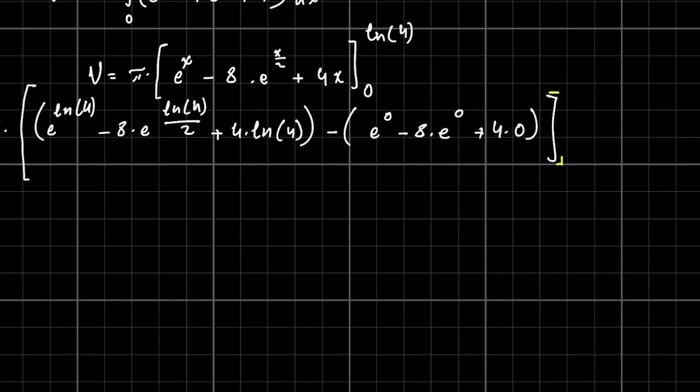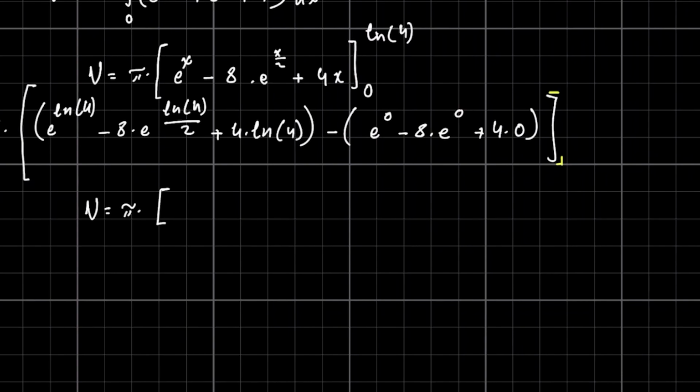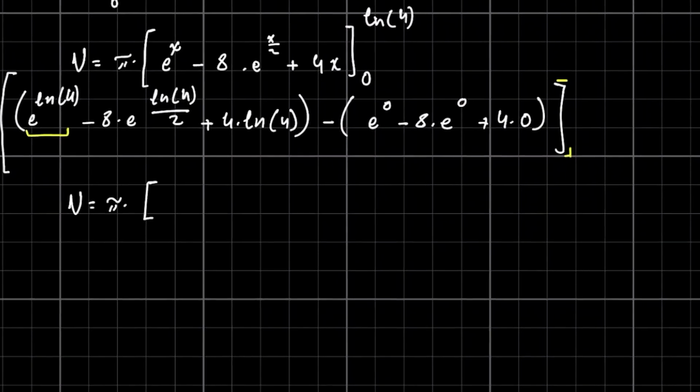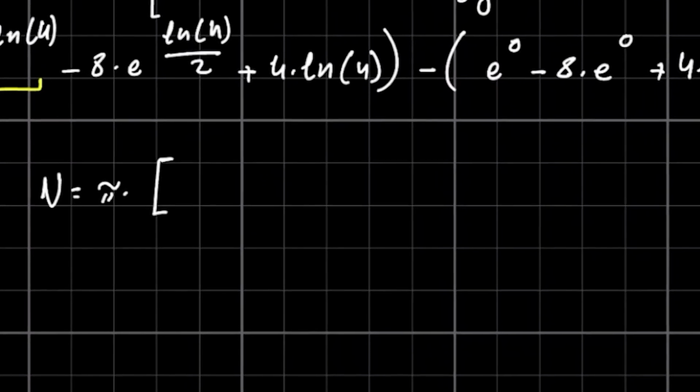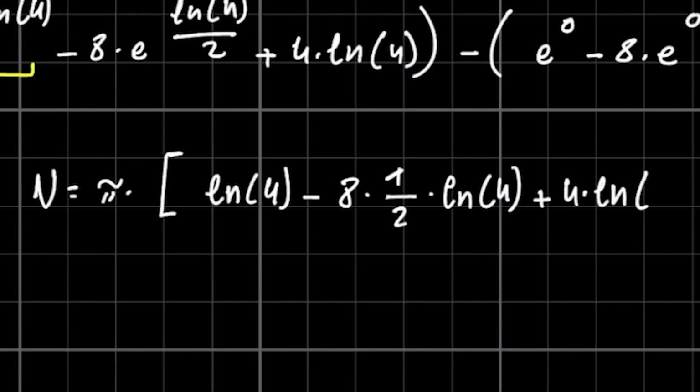So that's going to give me the volume, pi times, now e to the power of ln of 4. I'm just going to simplify each expression right here. So e to the power of ln of 4 is just going to give me ln of 4 minus 8 times e to the power of ln of 4 over 2. This is going to give me 8 times 1/2 ln of 4 plus 4 ln of 4.